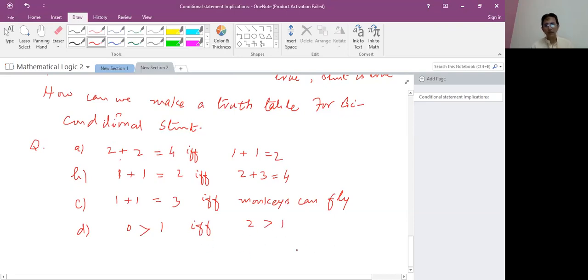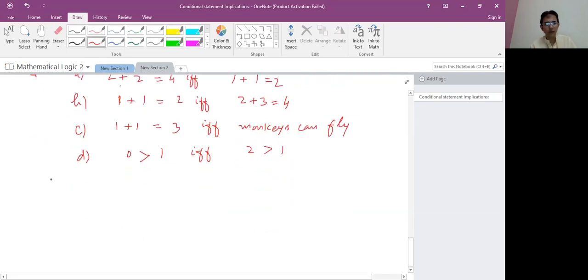So these are the biconditional statements. With the help of these biconditional statements, we will make a table. First we make two columns.